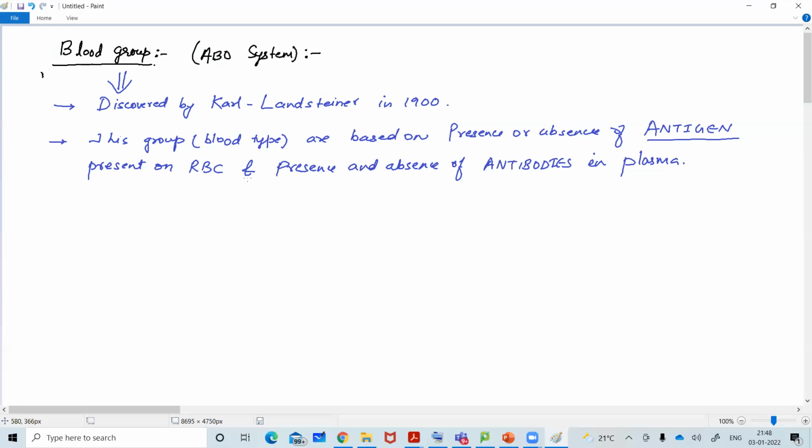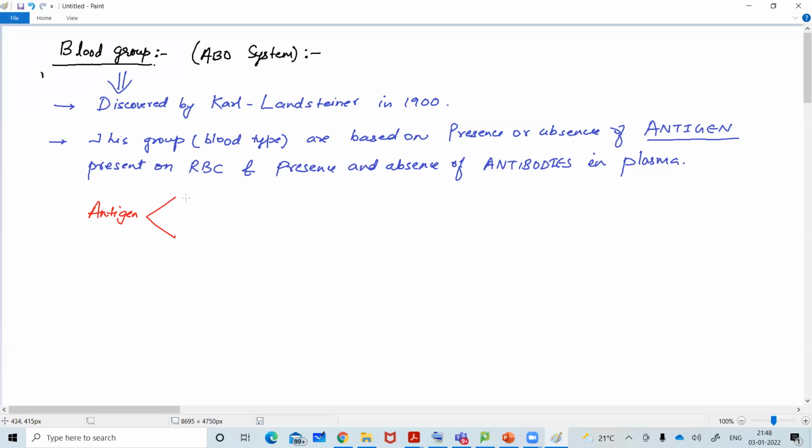So ABO blood group, if you go inside this antigen and try to find out, you will find that it is based on presence and absence of two surface antigens. So let's talk in terms of antigen. There are two surface antigens present on the RBC. What are the two?